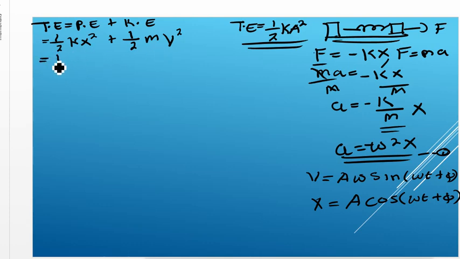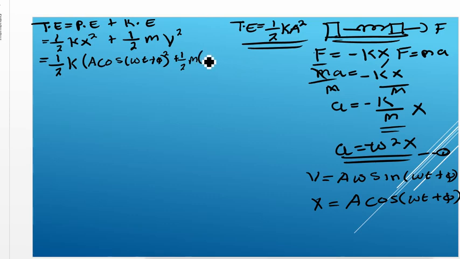Now if we have these formulas, then it simply means that I can replace where there is this x with this displacement here. Let me just do the replacement. So I'm going to have 1 over 2 k, cosine of omega t plus phase, squared, plus 1 over 2 m, then of course I'm going to replace where there is this v with the formula that I've highlighted down there.